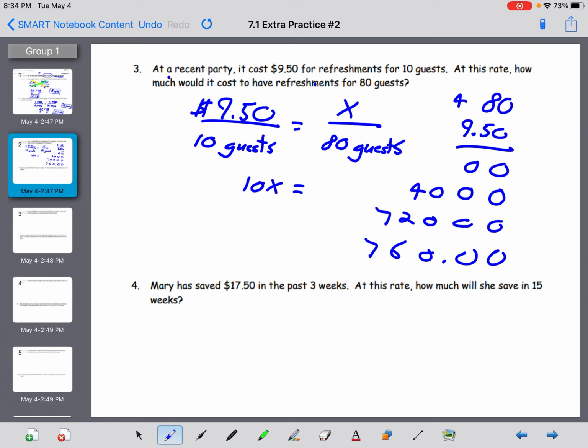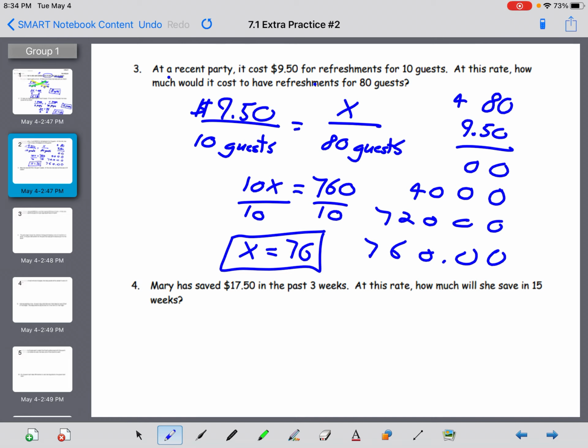Okay, so we get 760. Divide both by 10, and x is equal to 76. And that's dollars. Okay.